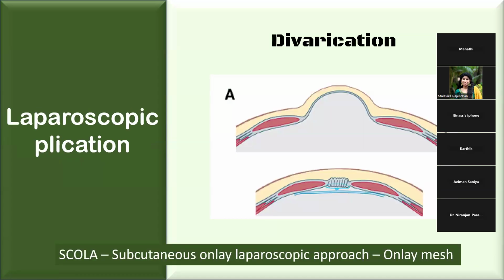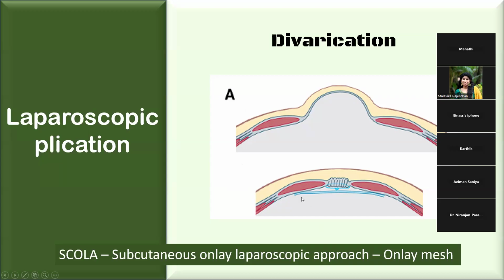Okay. Now there are so many things. As I go along, I will deliberately confuse you with a million names. Here, the commonest operation done either by laparoscopy or by open method is this: a stretched linea alba. You just plicate it. You can put a mesh either below or above, onlay, sublay.